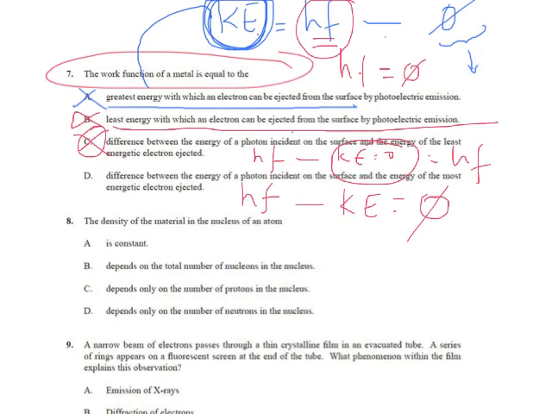So the answer is D, definitely. And if we think about that fastest possible electron, that's going to be the one that's escaped with the most energy left over. So what you've worked out is the minimum possible work function: the absolute minimum energy that you must provide. So it's definitely D.